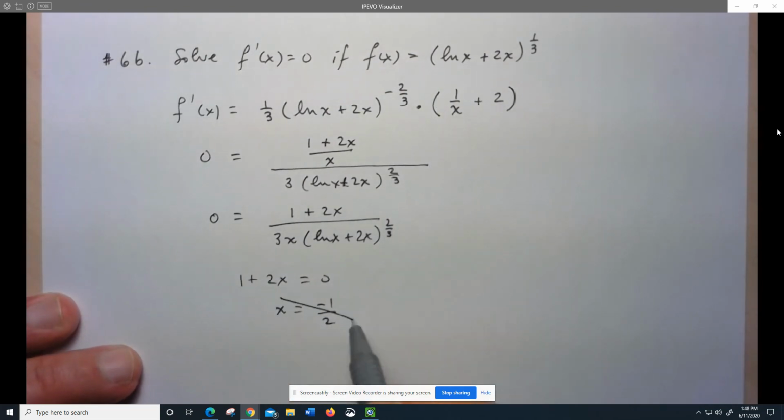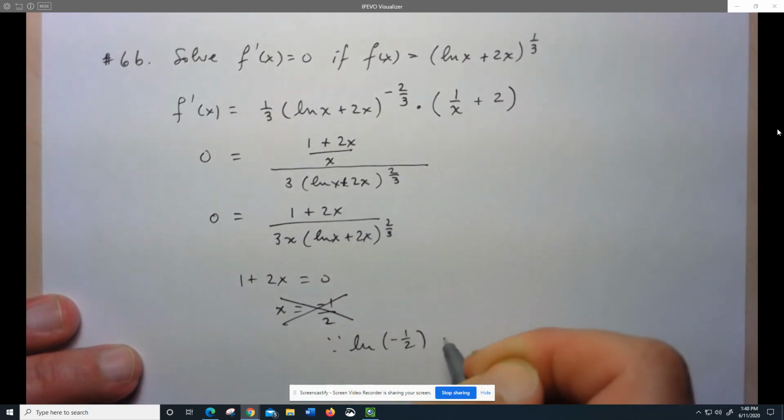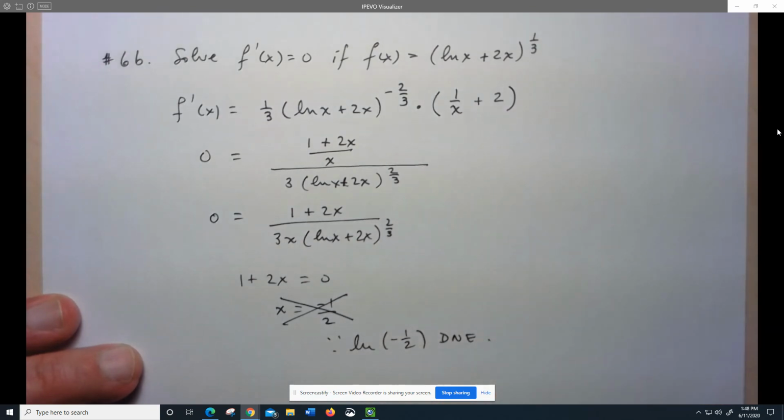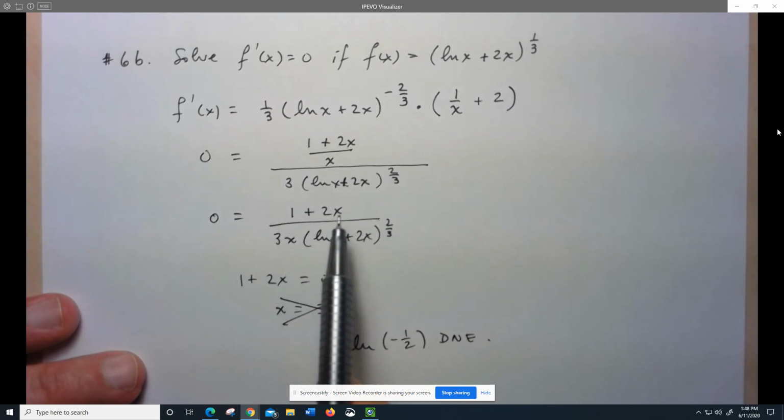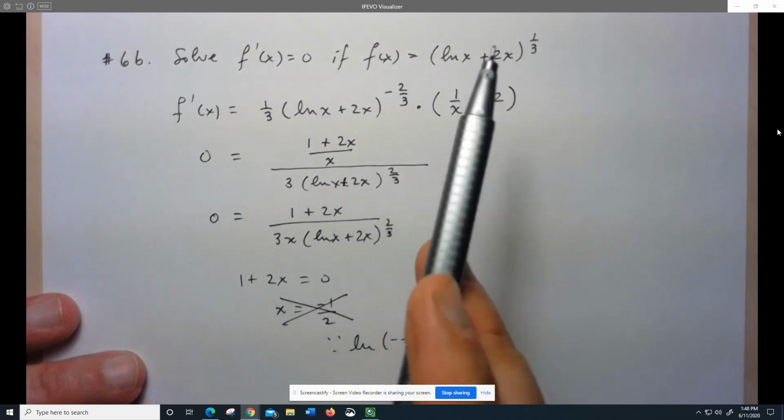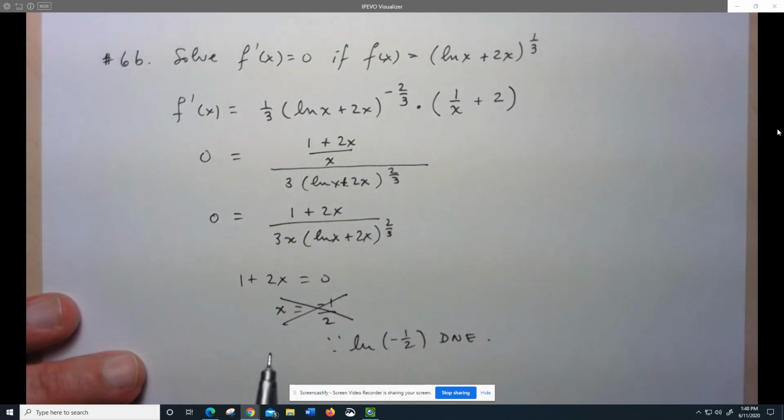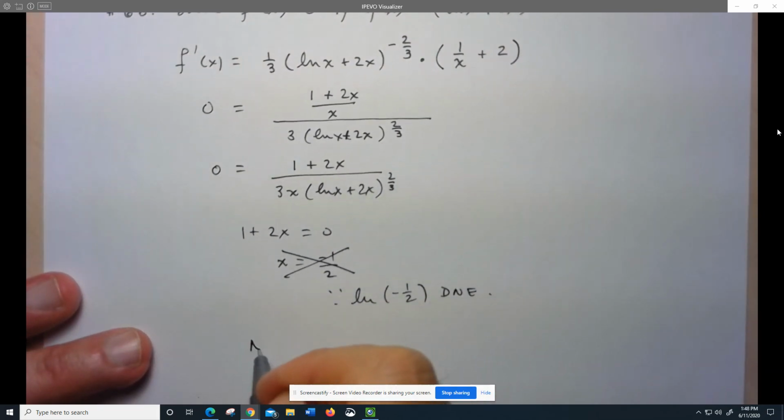Hence, there's actually no solution, because ln of negative 1/2 does not exist. So while this did make the numerator equal to 0, it's not a valid input into the original function. In this case, we actually have no solution.